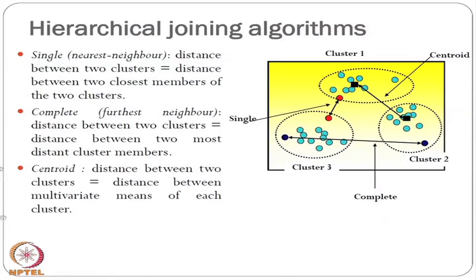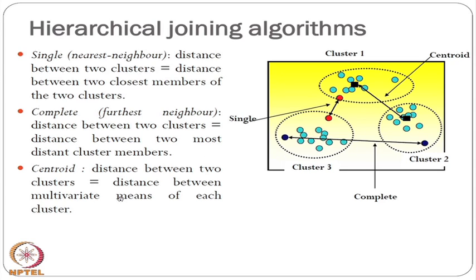Now let us see this slide that I have shown you in the last lecture. Single linkage, where the nearest neighbors are joined, these distance measures are considered for joining. Complete linkage, the farthest neighbor distances are considered for the two joining clusters.